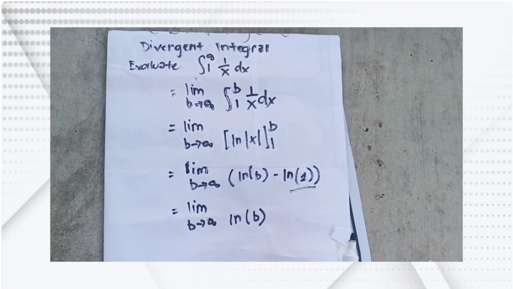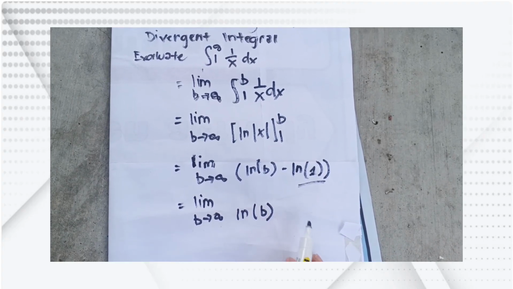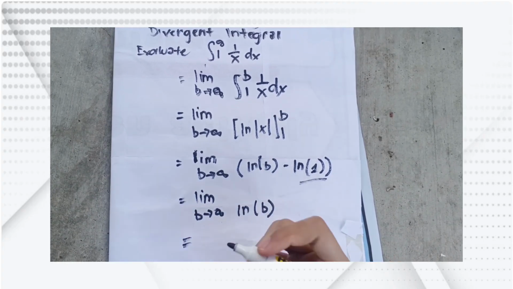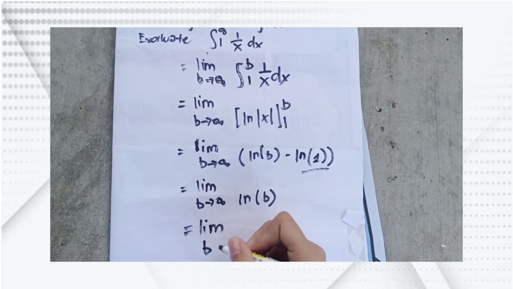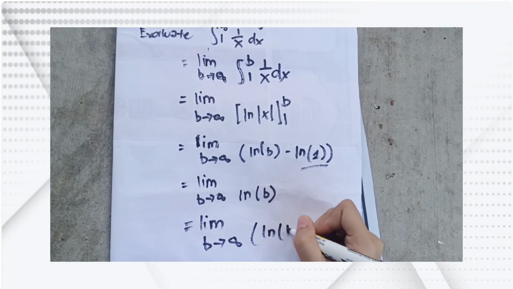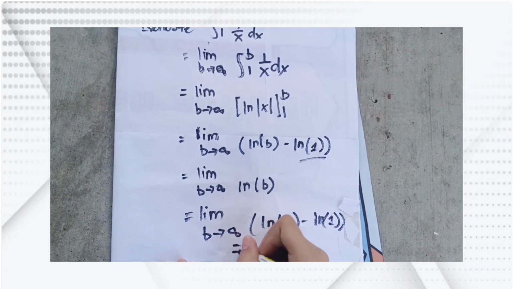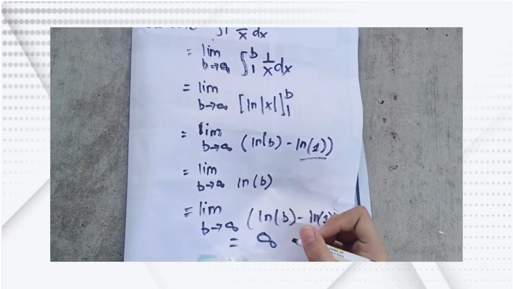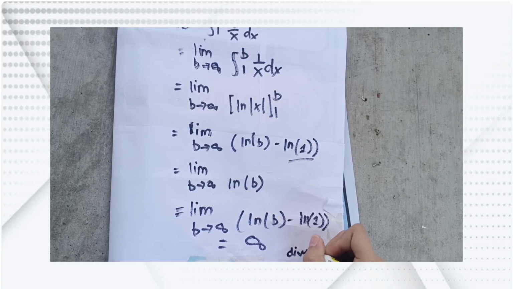Even though the growth is slow, it is still unlimited. So our final answer for this equation is the limit as b approaches infinity of ln b minus ln 1, which is equal to infinity. So it is divergent.